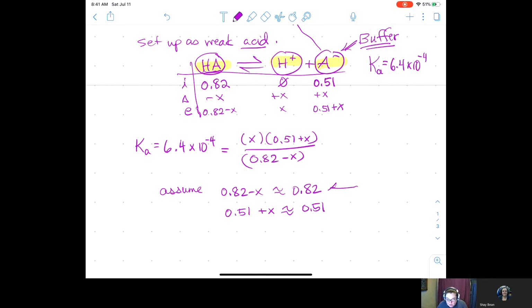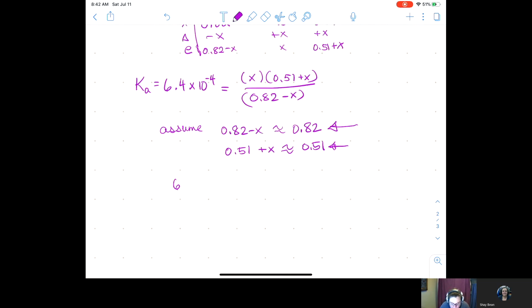If I have $1 million and I give everyone in my class $1, that's the minus X, I'm giving it away, I still essentially have $1 million. But this one works as well. If I have $1 million and everybody in the class gives me $1, that's your plus X, I still essentially have $1 million. So let's make those approximations and rewrite our equation.